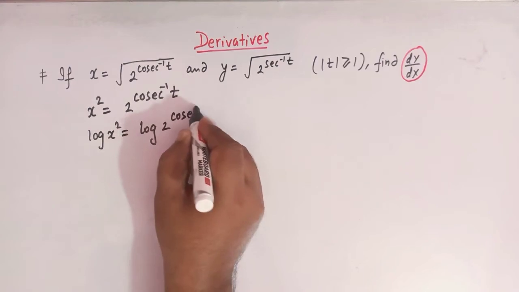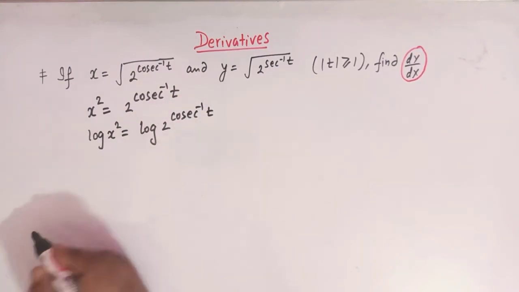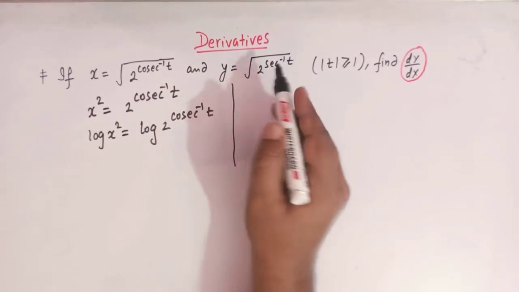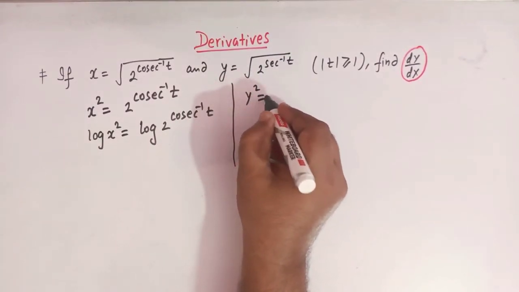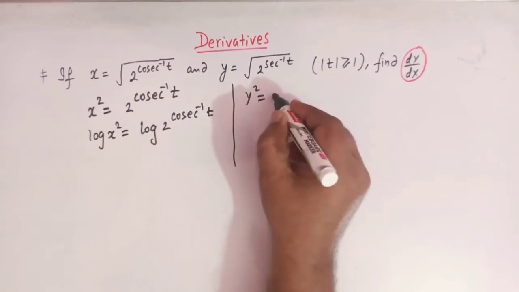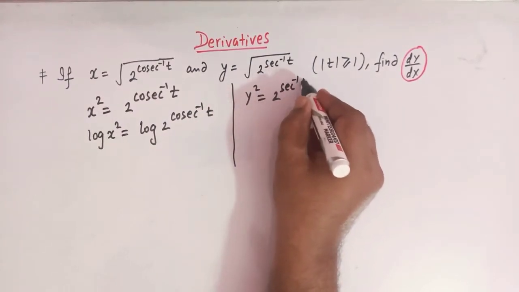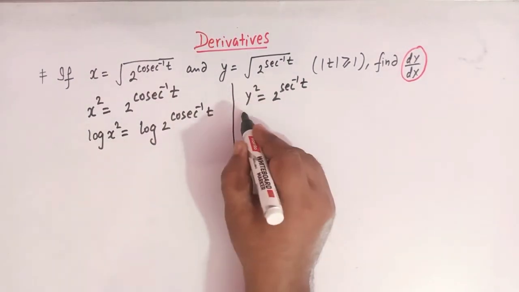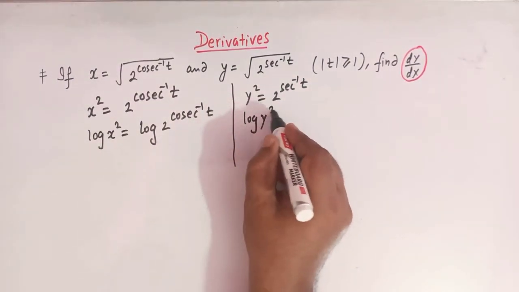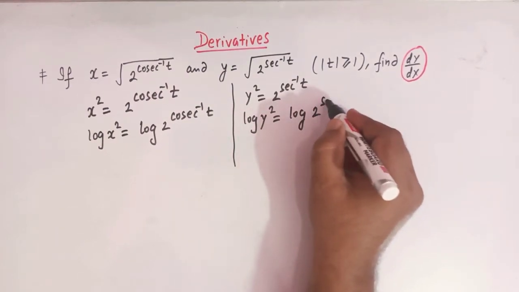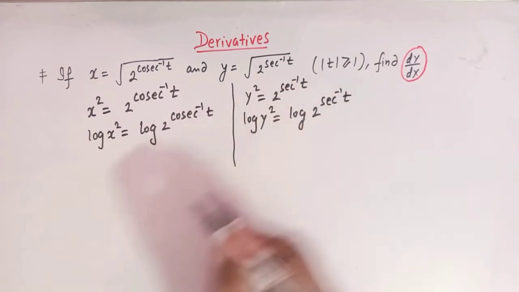So we will have log of x square, and here we have log of 2 raised to cosec inverse t. Similarly here also we'll take square of both sides, and we will get y square is equal to 2 raised to sec inverse t. We'll take the log of both sides, so log y square is equal to log of 2 raised to sec inverse of t.